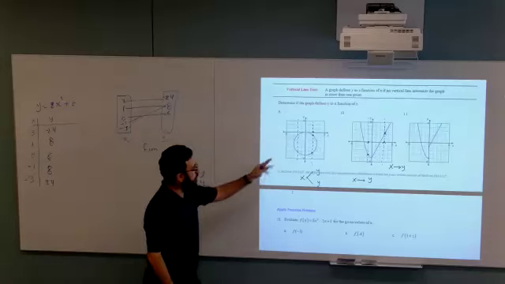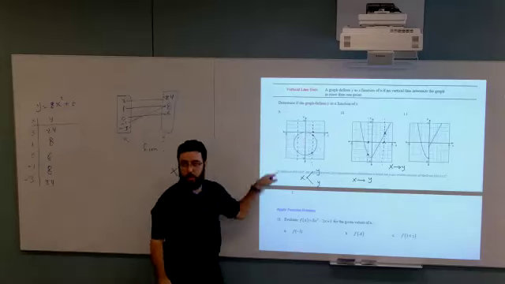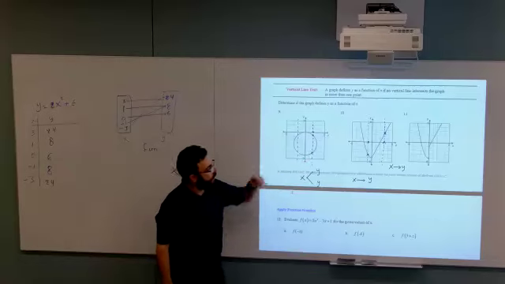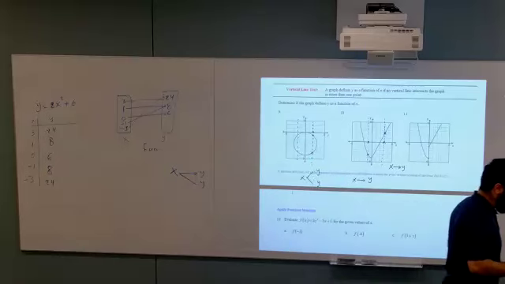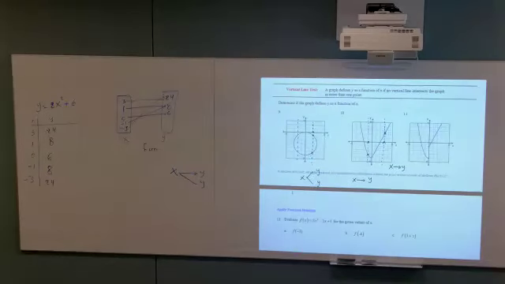You have to keep in your mind how the circle looks. What about the other one? What do you think? Another graph.